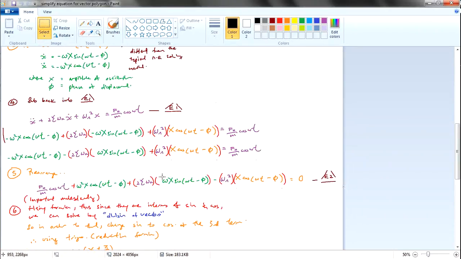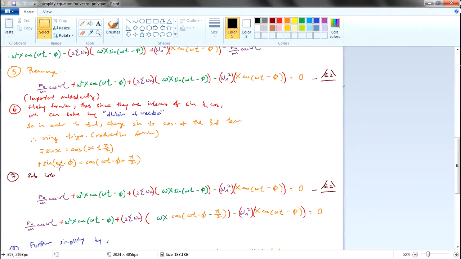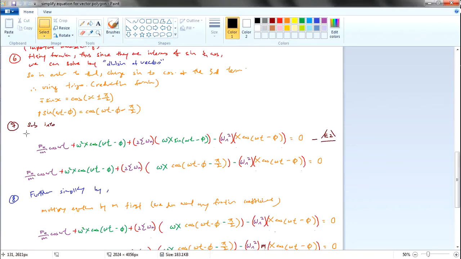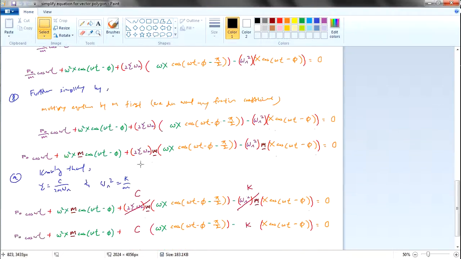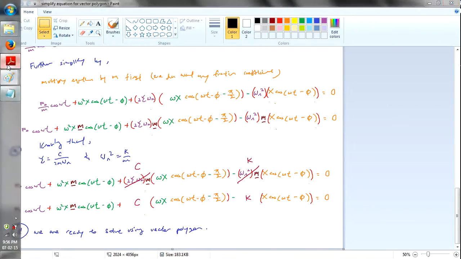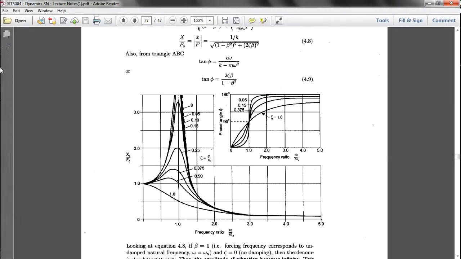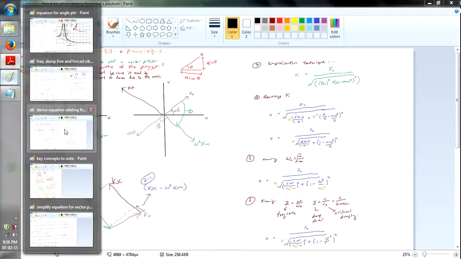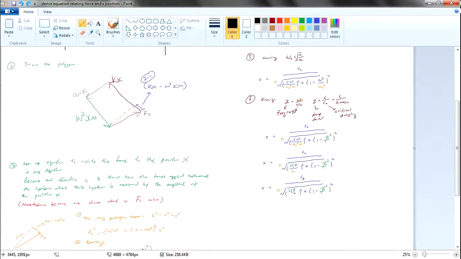You rearrange again, apply trigonometry, rearrange again, and use a lot of substitution: the damping factor substitution, the natural frequency substitution, and in the later parts the beta substitution. Remember the beta, the frequency ratio.